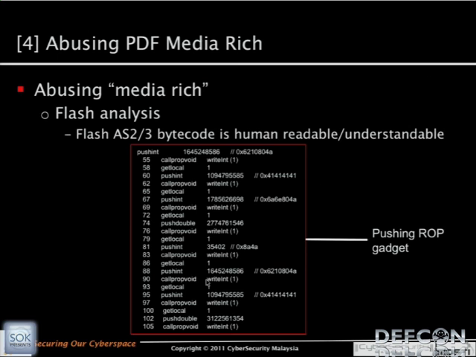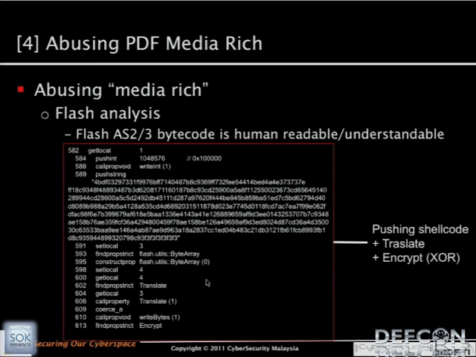And this is another one pushing some ROP gadgets on top of the shellcode. And then pretty much here, you can also put some shellcode and try to translate it and encrypt it. So when it comes within the PDF, you just have a properly obfuscated Flash file within your normal PDF.